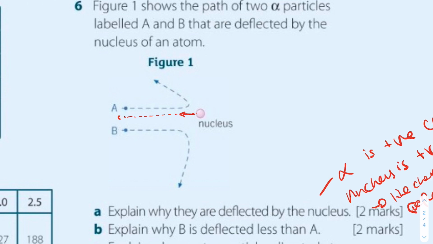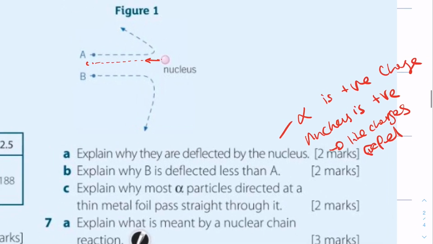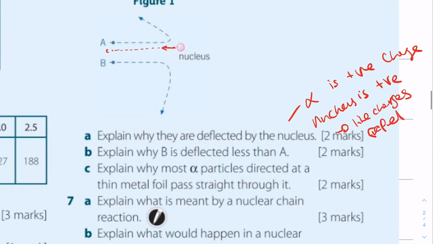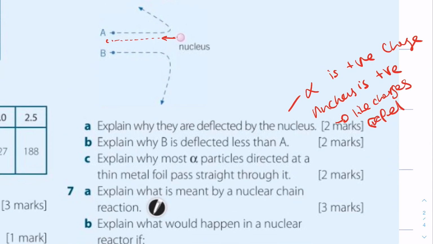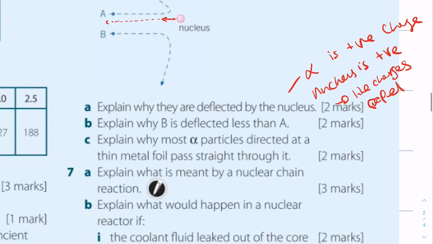And so it's because A is closer to the center line of the nucleus, technically, and therefore it approaches the nucleus closer. We'll put B is further away from a direct collision.